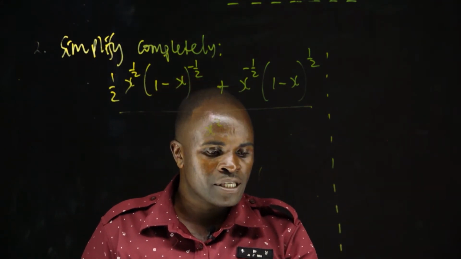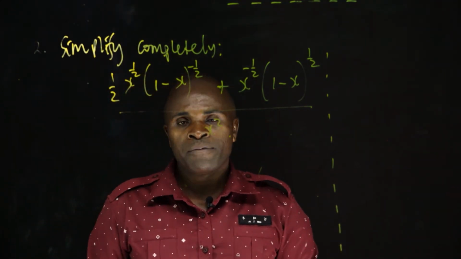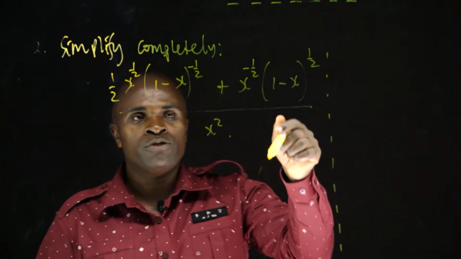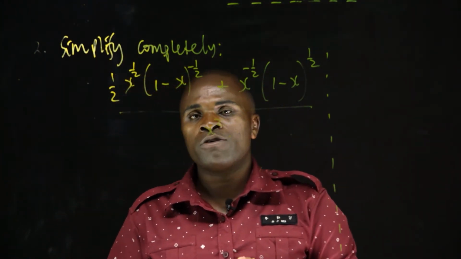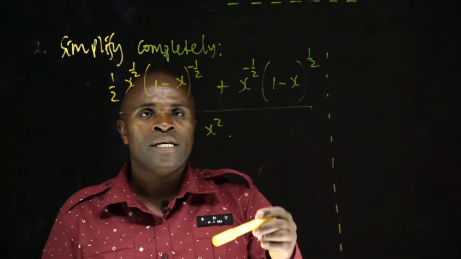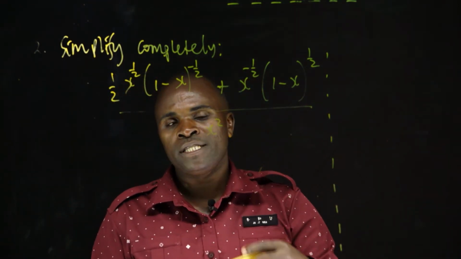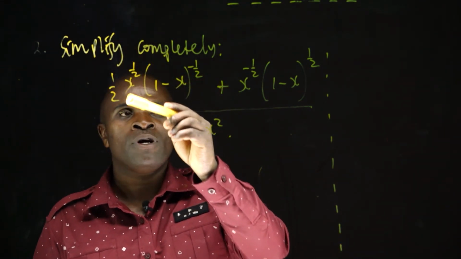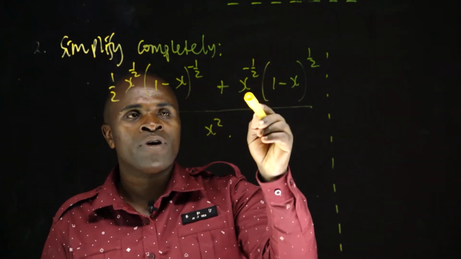To simplify this counter question, class, you might be intelligent enough. The simplest way to do this question, when you come across a counter question like this, just check the nature of the exponents. For example, you will see here there is x power positive half, while here there is x power negative half.